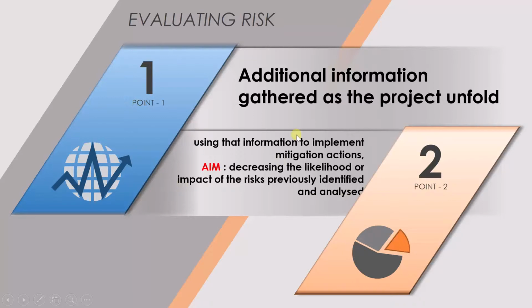You remember, in the risk identification stage, we said that we have to identify the risk and the level of risk also. So now in the mitigation plan, you have to see that the likelihood and impact of the risk is reduced. This is the whole focus of this particular activity.